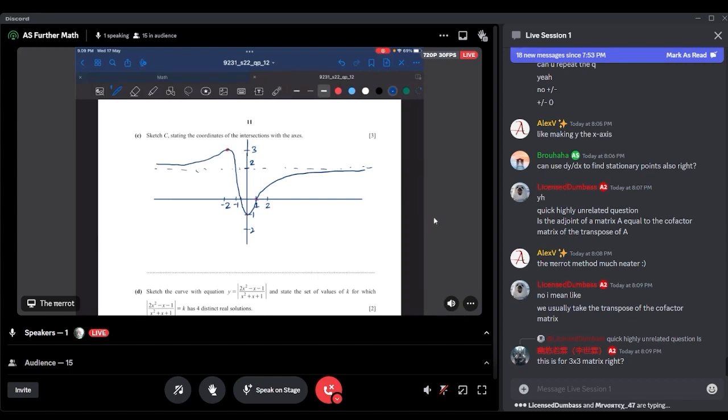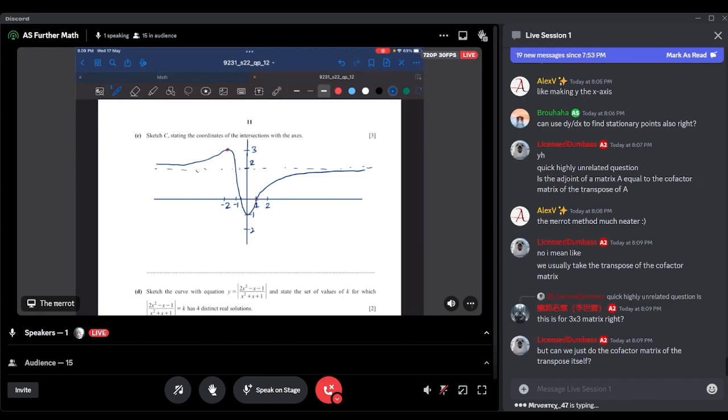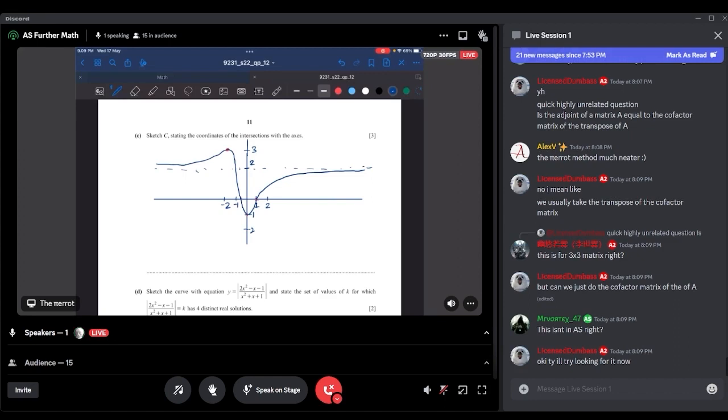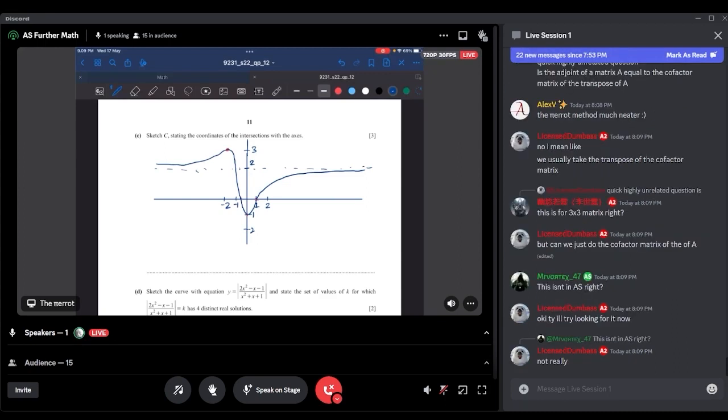Cofactor matrix of the transpose of A? I don't think that's going to work. I actually haven't thought about it. I'm not sure, but I don't think so. It works for 3 times 3, 4 times 4, 5 times 5. Actually, it might be.